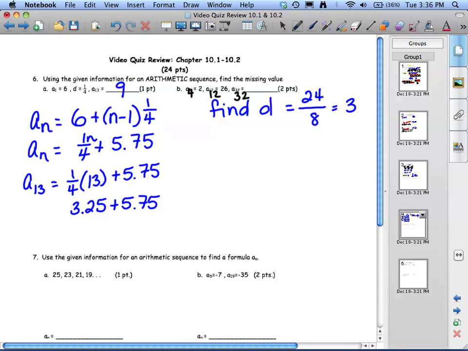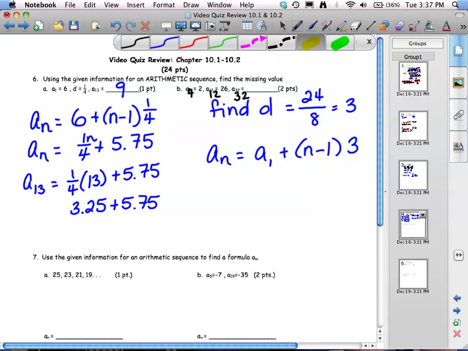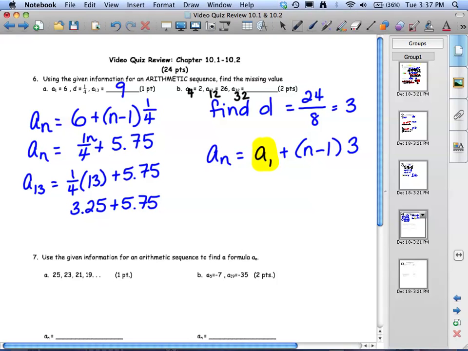d is 3. Now, to write the general form, I need the first term. I know d is 3, but I need to find this first term. So let's look at how to do that.